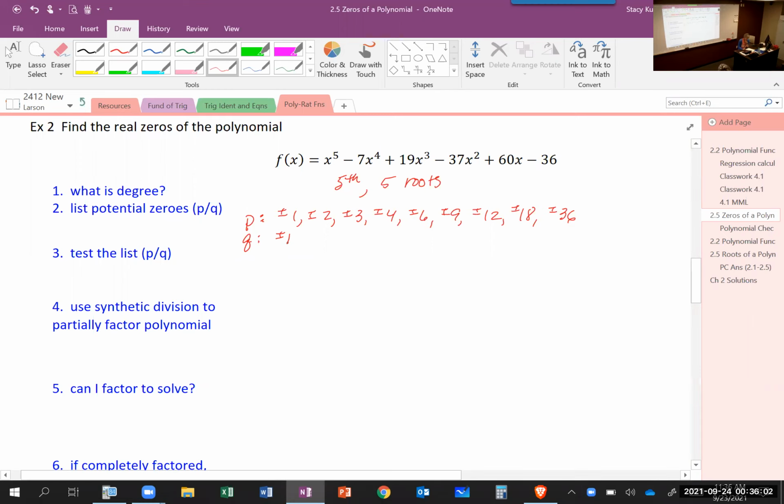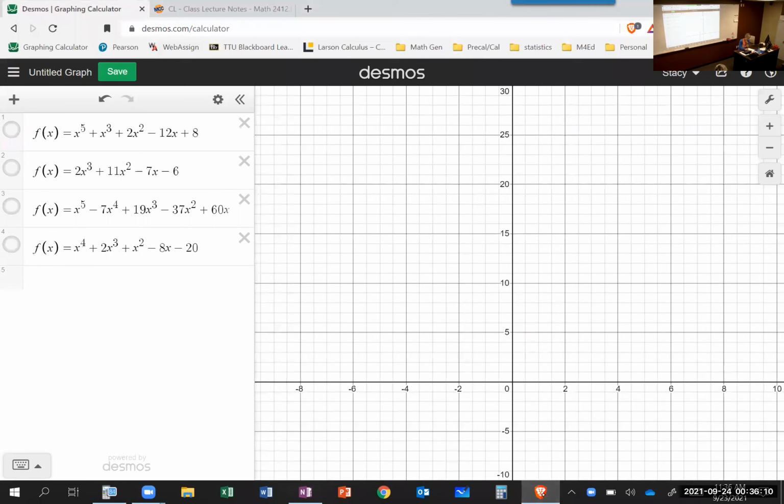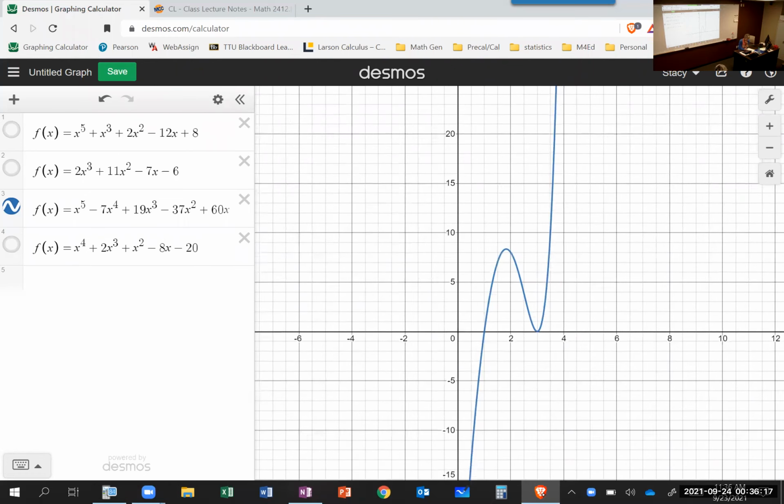And when I put it in the graphing calculator and graph it, I can kind of see what's going on here, right? This is a similar problem to the one that we opened with. So I get kind of a feel for what's going on here.